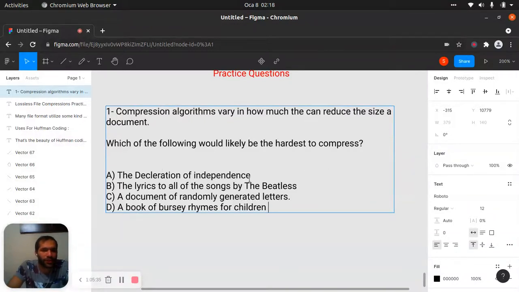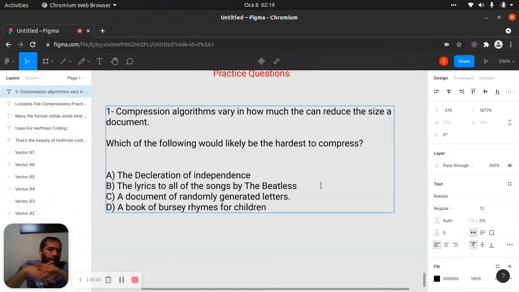No, the Declaration of Independence will not be the hardest. We can do it the easy way. We can compress this and implement Huffman coding there, and it will be easy. Then the lyrics to all of the songs by the Beatles is also not a problem. We can do it in an easy way. This one is really not difficult.